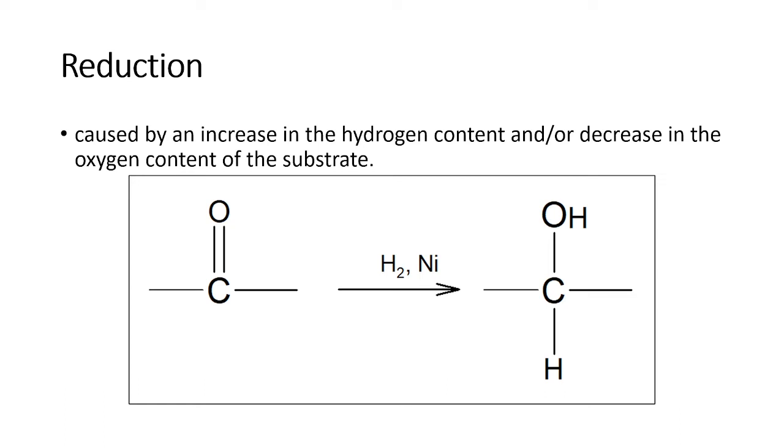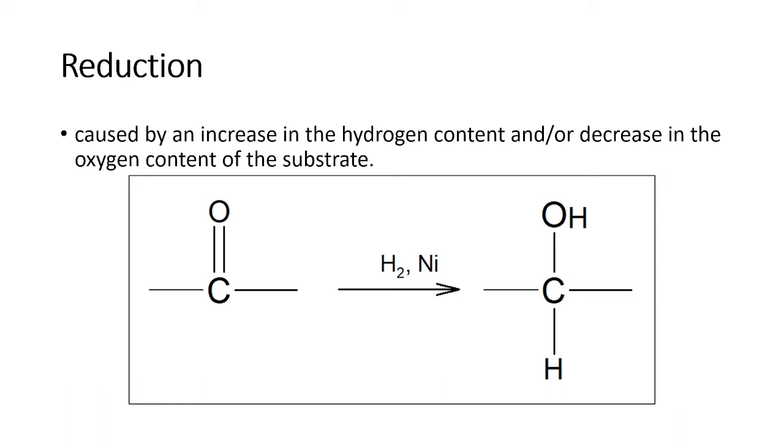So, for example, we have here a double bond in carbon. As you may remember from our discussion, this double bond to oxygen may exist in carboxylic acids, in ketones, and in aldehydes.